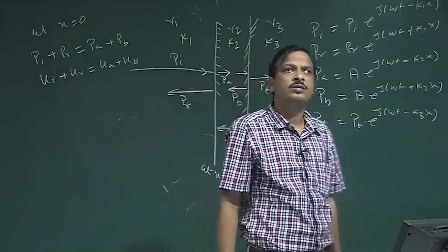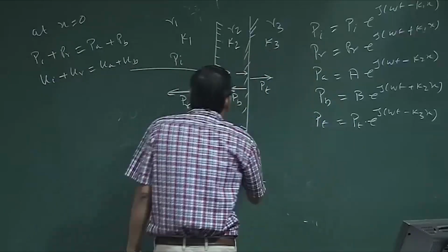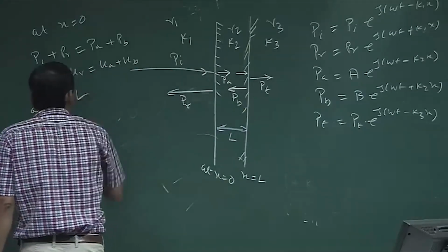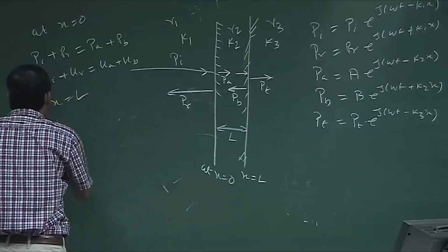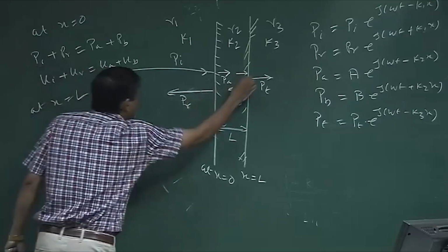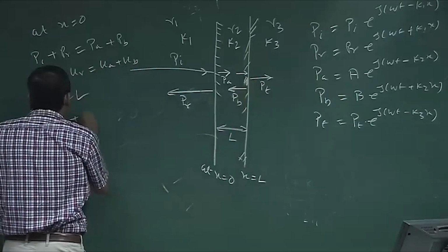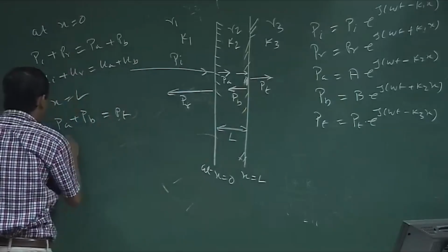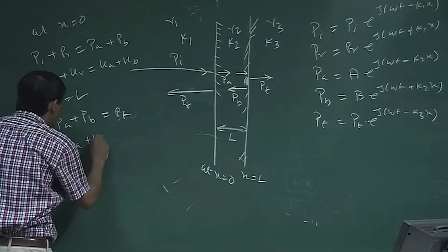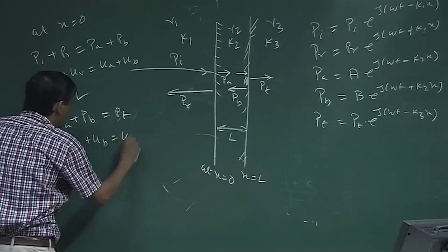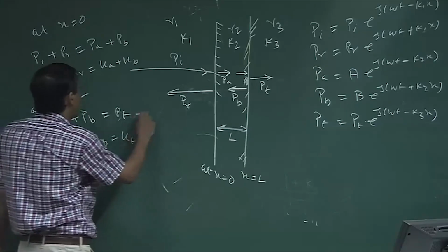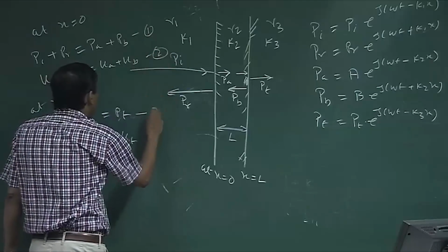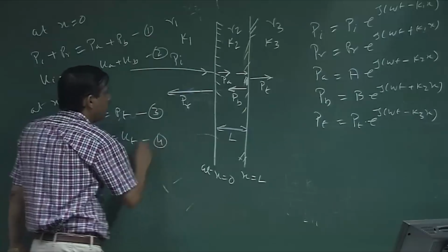But at x equal to L, the total pressure on this side, Pa plus Pb, is equal to Pt, and Ua plus Ub is equal to Ut. These are the boundary conditions, so these are equations number 1, 2, 3 and 4.